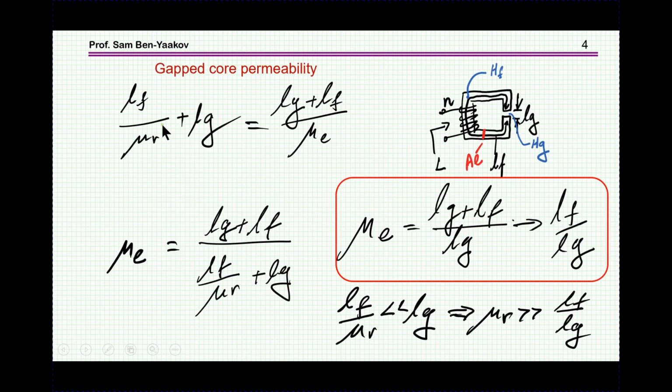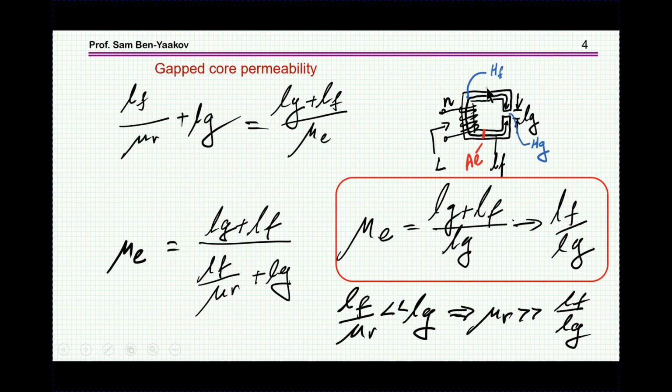Now going on, I'm getting this relationship, and then I find that mu sub E is equal to this expression, and then if this term is much smaller than L sub G and L sub G is much smaller than L sub F, then I'm getting that the equivalent permeability of the total core is L sub F over L sub G.